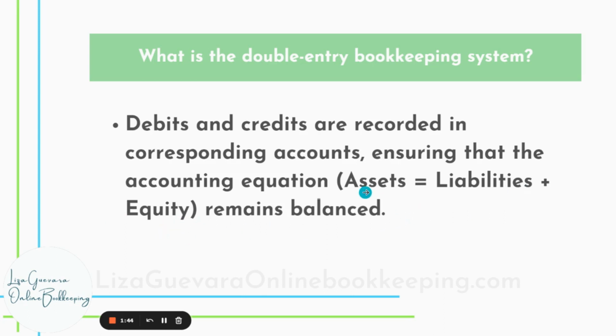So in recording the debits and credits, every transaction affects one or two of the assets, liabilities, and equity. For every transaction, we should be sure that the accounting equation is balanced.